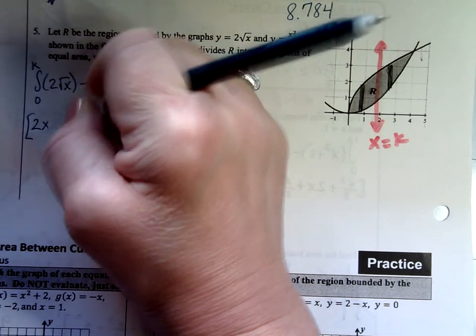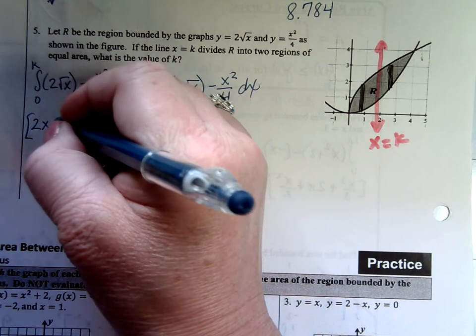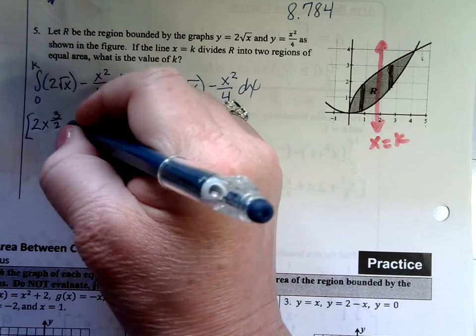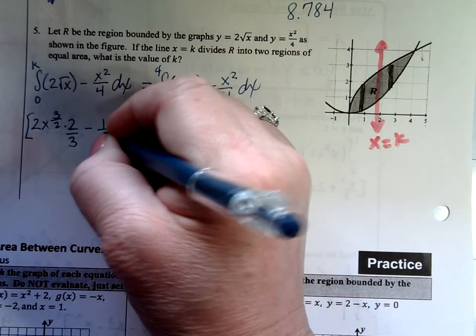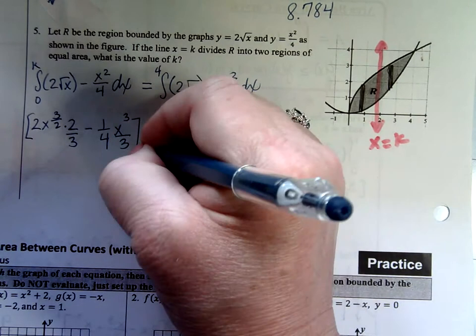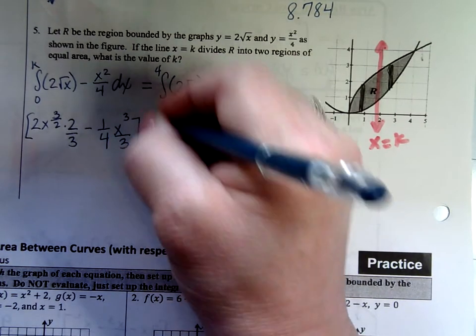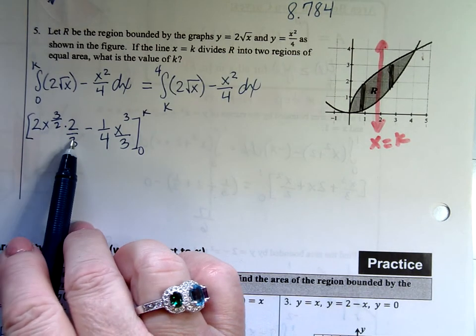Let me try again integrating. 1/2 plus 1 is 3/2. So 3/2 times 2/3 minus 1/4 x cubed over 3, from 0 to k. Right, so add a power on, divide by the power. Add a power on, divide by the power.